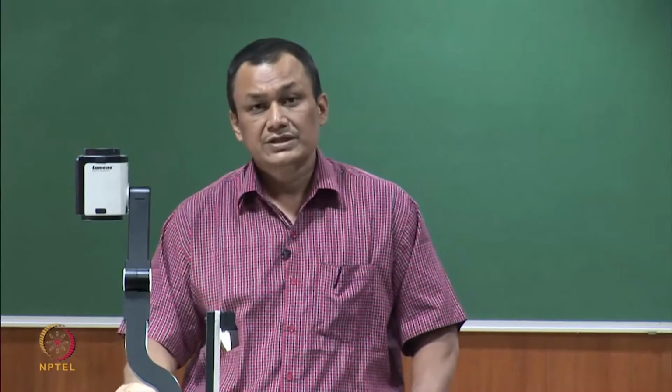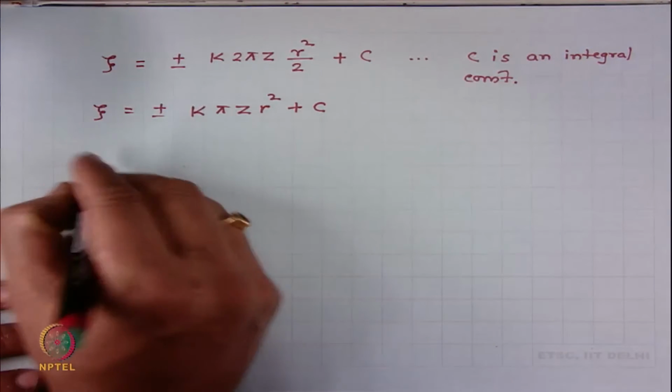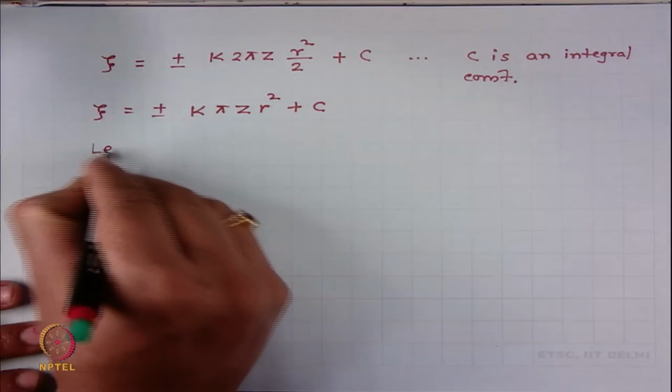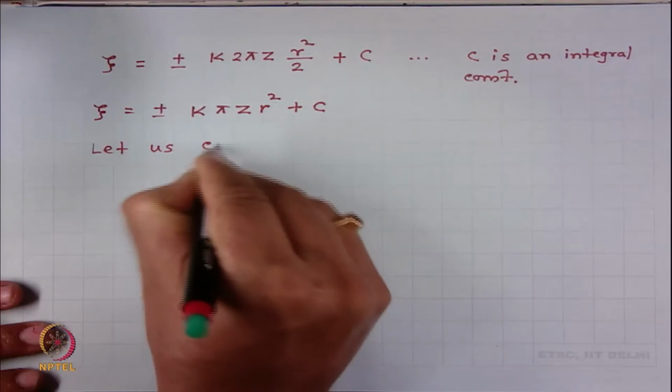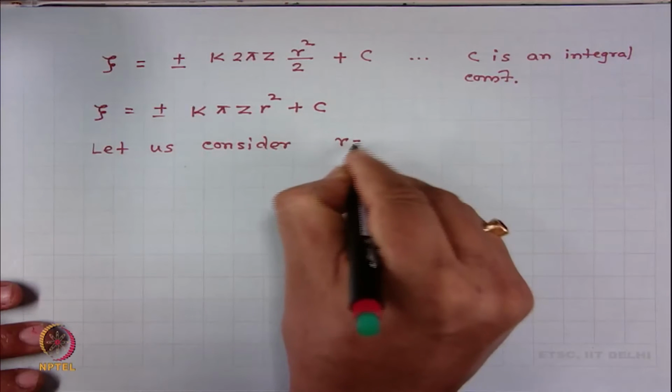But this equation gives an additional problem. What is that problem? Let us see. Let us consider r is equal to d by 2.